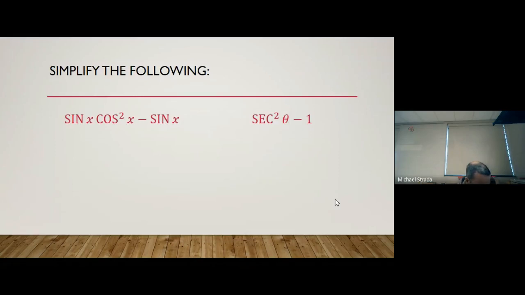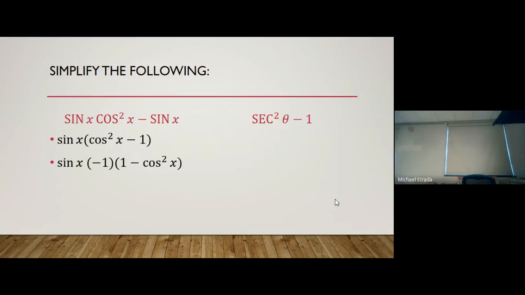So if we're looking at the first one, sine x cosine squared x minus sine x. The first thing we want to identify is that they both have a sine, so we pull that out. Whenever we have multiple things, if they have something in common, we pull that out, in this case sine x. And then what you want to identify is cosine squared x minus 1 is the same thing as negative 1 times 1 minus cosine squared x.